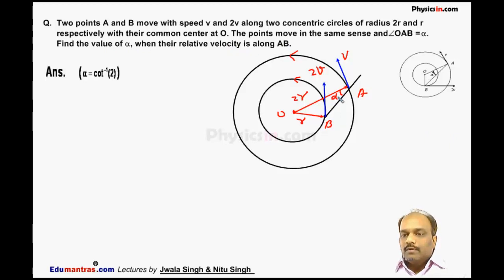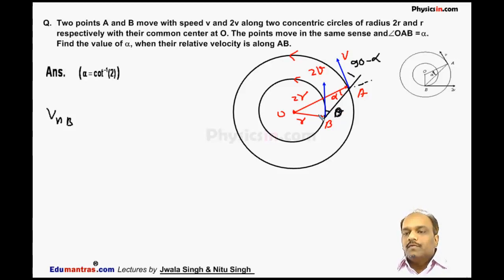We have to find the value of alpha when the velocity of AB is only along this line joining particle A and B. It means their component perpendicular to this is 0. If I say this angle is alpha, this angle is 90 minus alpha. Let this angle be theta.